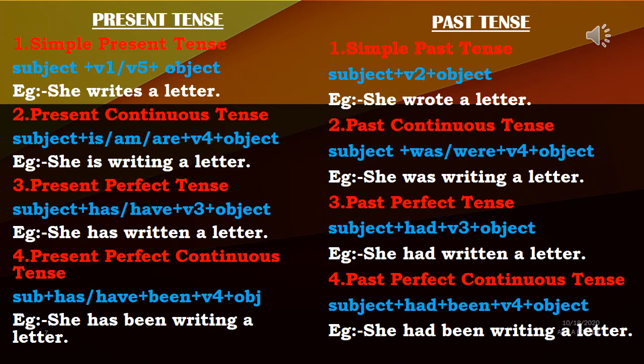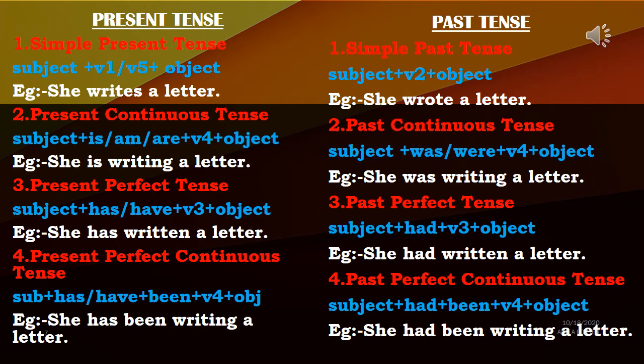And the last division of present tense, present perfect continuous tense. The structure of present perfect continuous tense is subject plus has or have plus been plus V4 plus object. See the example. She has been writing a letter.